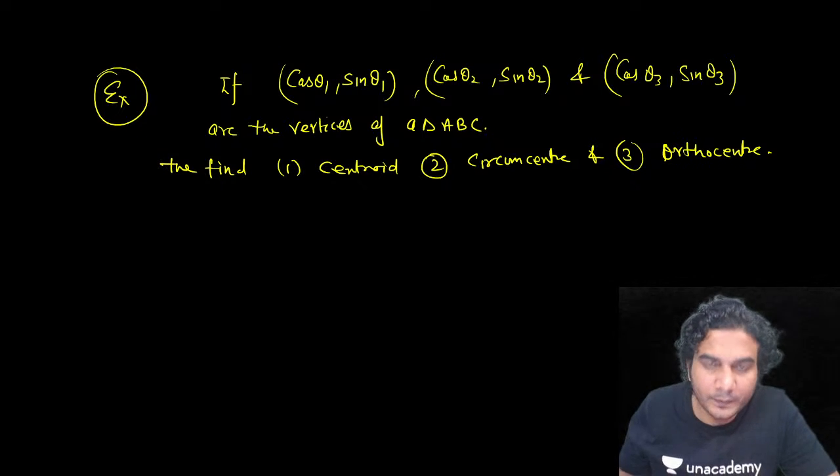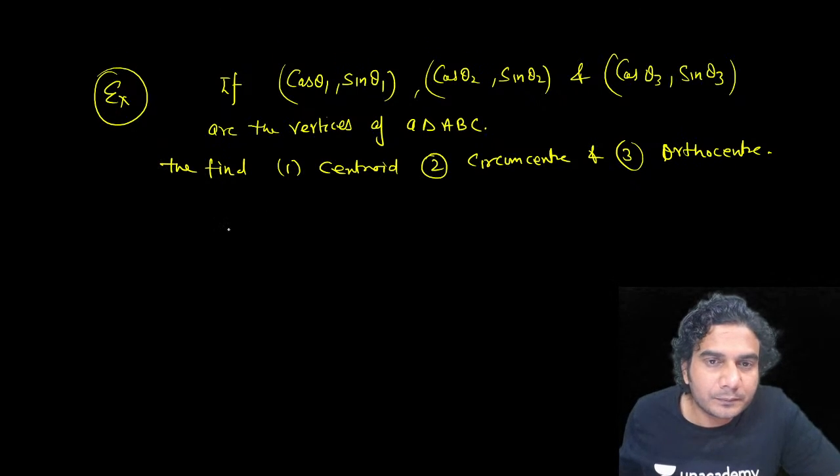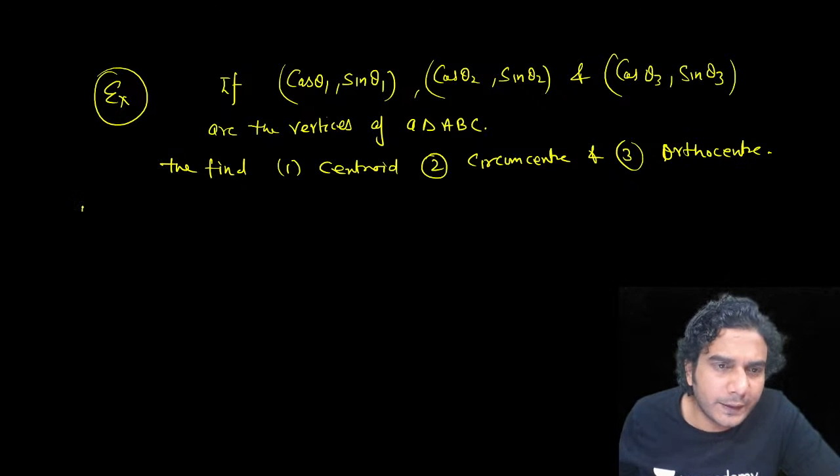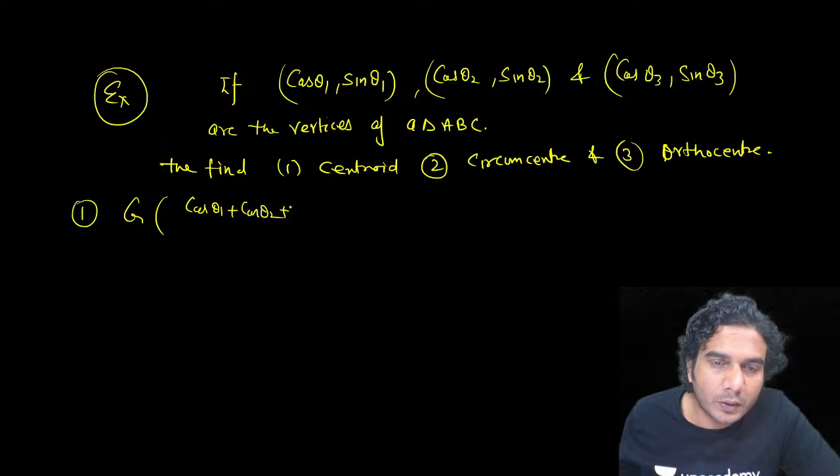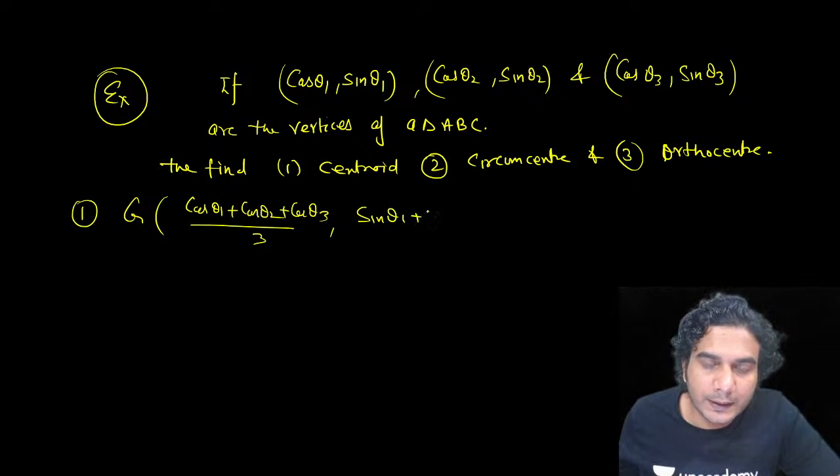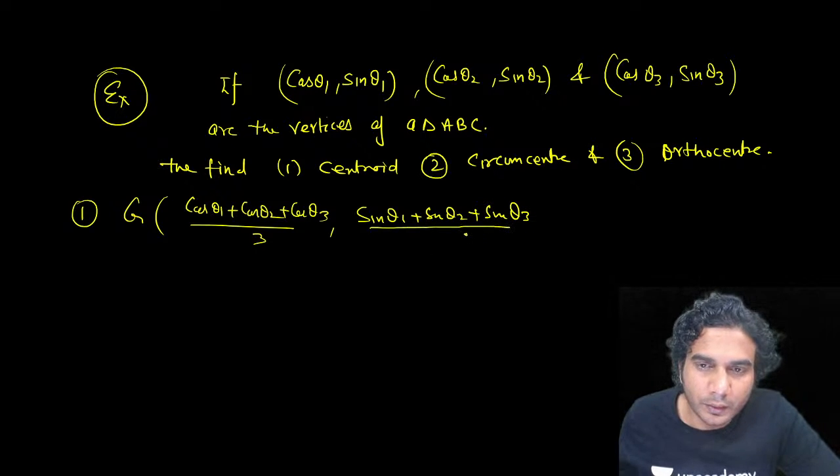All right. Now let me show you. First of all, centroid is very straightforward. Say centroid is G, so it is cos theta 1 plus cos theta 2 plus cos theta 3 divided by 3, and second is sin theta 1 plus sin theta 2 plus sin theta 3 divided by 3. Okay, so there's no doubt about it.